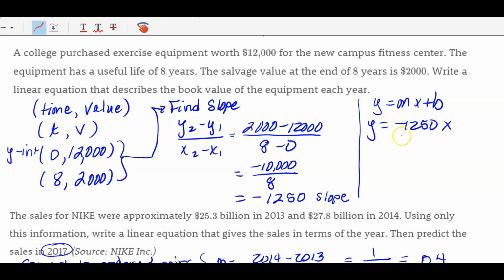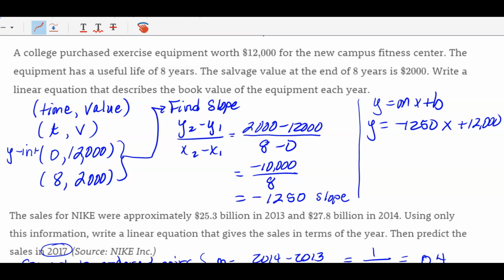We have to have an x and a y in our equation. So negative 1250x plus b, and the y-intercept is 12,000. So there is the equation that represents basically the depreciation of this equipment.